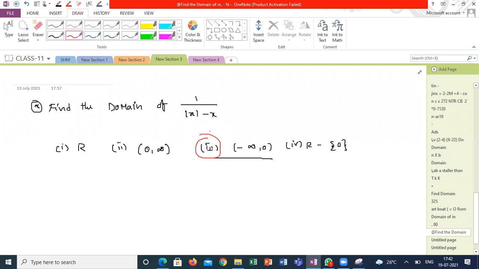Sir, mod x minus x can never be greater than 0. Mod x, why, man? Sorry, it can never be negative. Why? It can't be 0, man. If it is not under the root now. Yes, sir. Sorry. It may be negative or it may be positive. So mod x should not equal x.